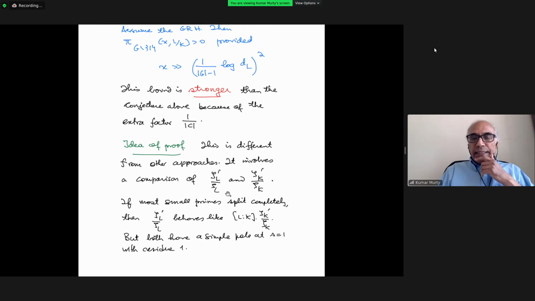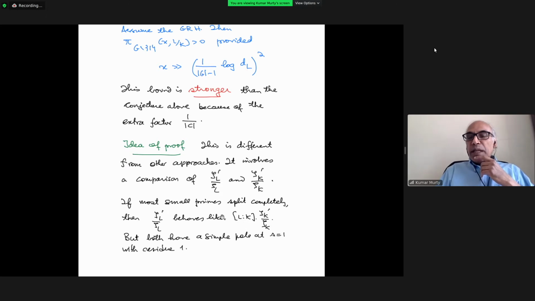And the idea is that if many small primes of K split completely, then the logarithmic derivative of the zeta function of the top field is going to look like the logarithmic derivative of the zeta function of the bottom field times the degree of the extension.